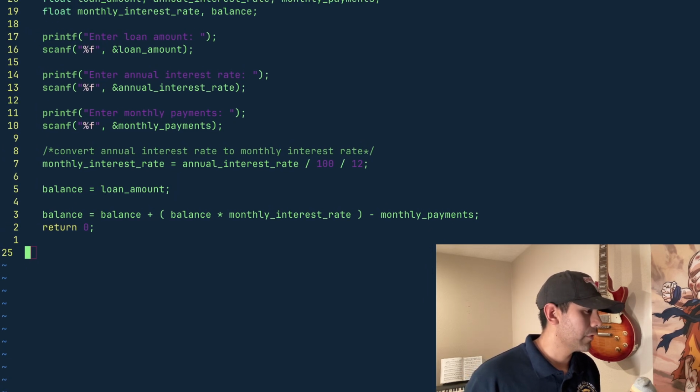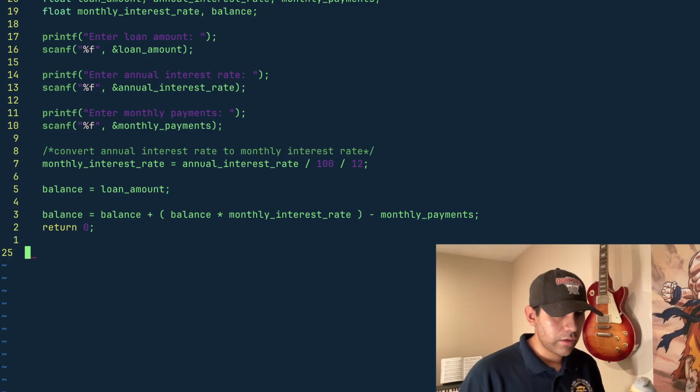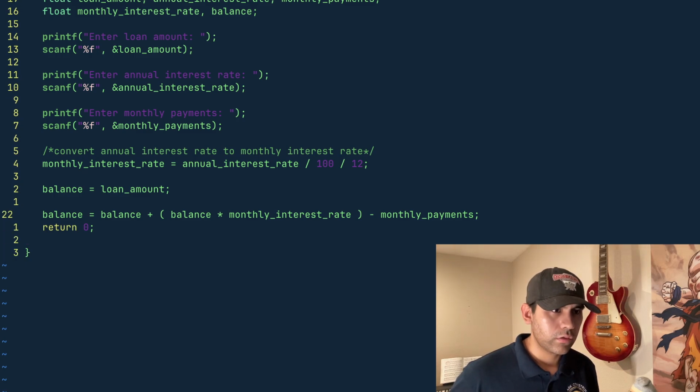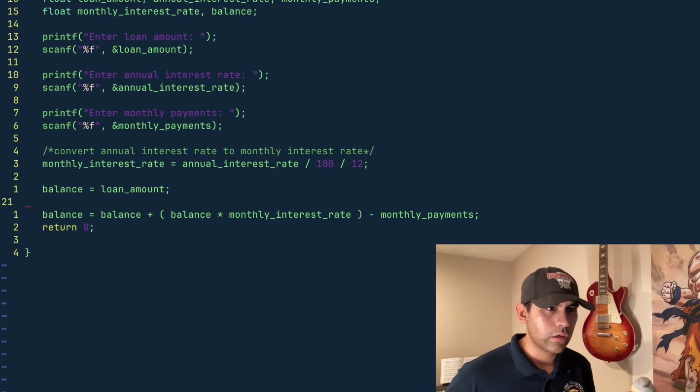All right, so we got it right there. So we set our balance to the loan amount because that's our initial amount, and then for our new balance, so this is going to be our balance. All right, okay. Sorry, I'm a little bit mad at myself. I don't know why. Okay.